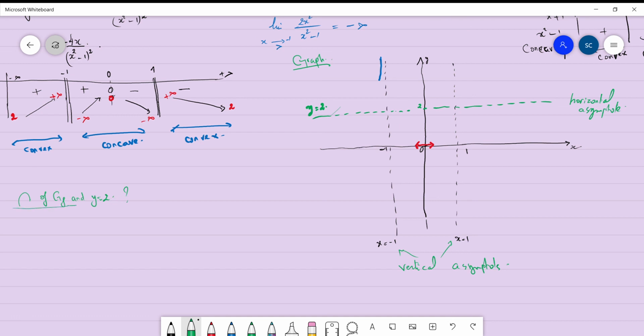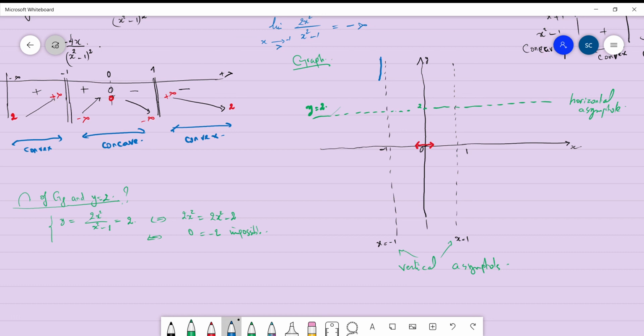So we need to solve the equation 2x squared over x squared minus 1 equal 2. That means 2x squared equal 2x squared minus 2, which if you simplify we get 0 equal minus 2, so it's impossible. So it doesn't cross. So necessarily it will be above, so that it keeps increasing.